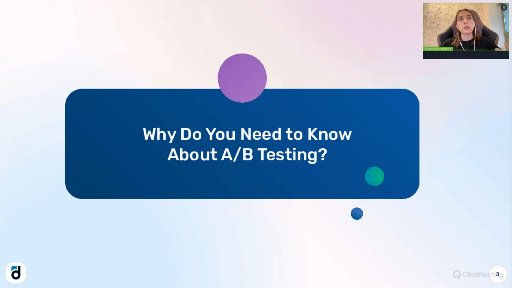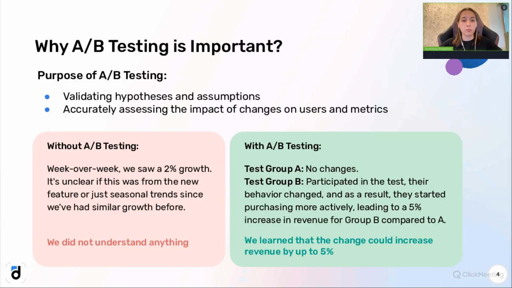Without A/B testing, it's like shooting in the dark. You may see some changes, but you can't understand if it's due to your actions or something else. A/B testing brings clarity, allows us to attribute success or some failures to specific changes.